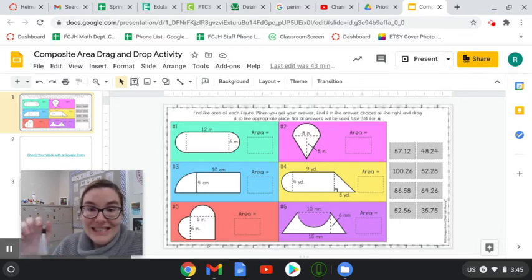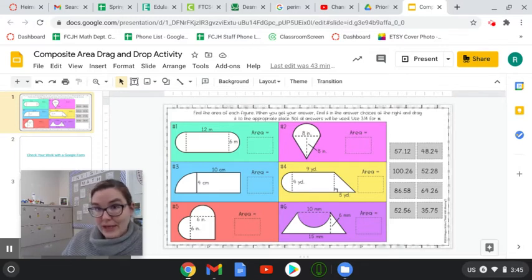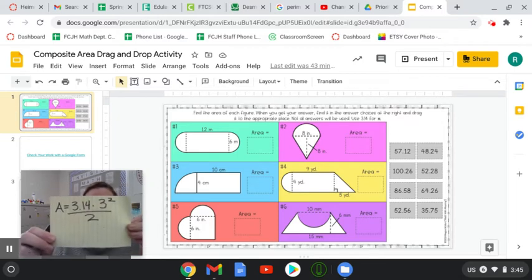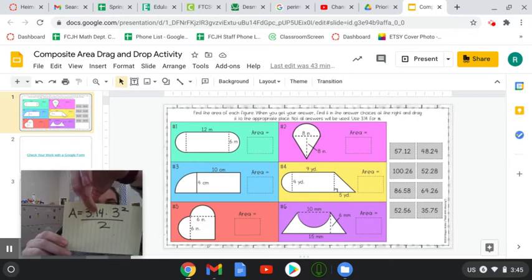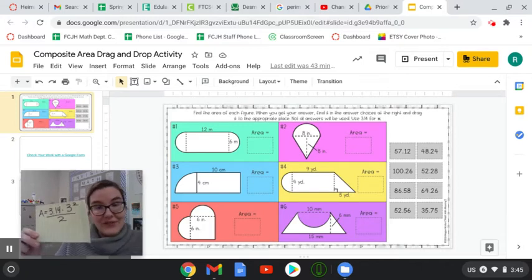So I need to divide the diameter by 2 to get the radius. 6 divided by 2 is 3. My radius is 3. When I use substitution, I'm going to have 3.14 for pi times 3 squared. That's my area of a full circle. So 3.14 times 3 squared divided by 2 to get half a circle, or a semicircle.